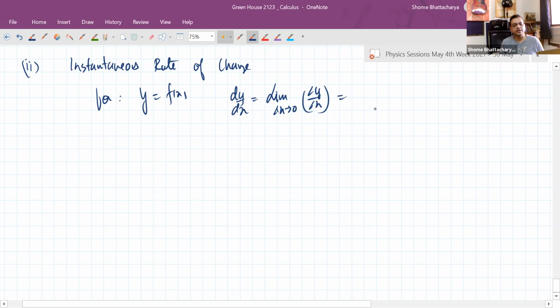Or further, we can define delta y as the change in the value of the function as we go from x to x plus delta x. So this quantity, let's interpret in terms of the graph.